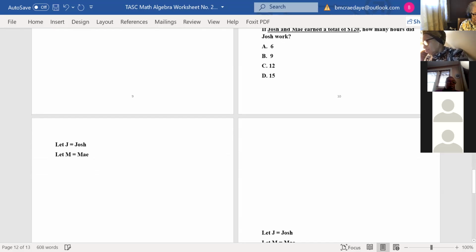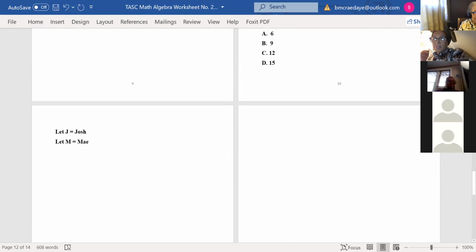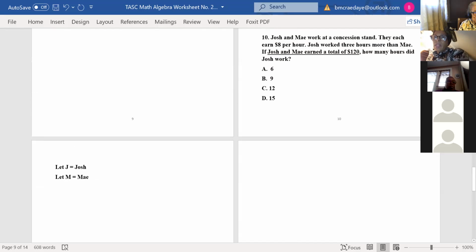Let me put J plus M equals 120. So it said they earned a total of 120, and she translated that to an equation, J plus M equals 120. What else, Maureen?